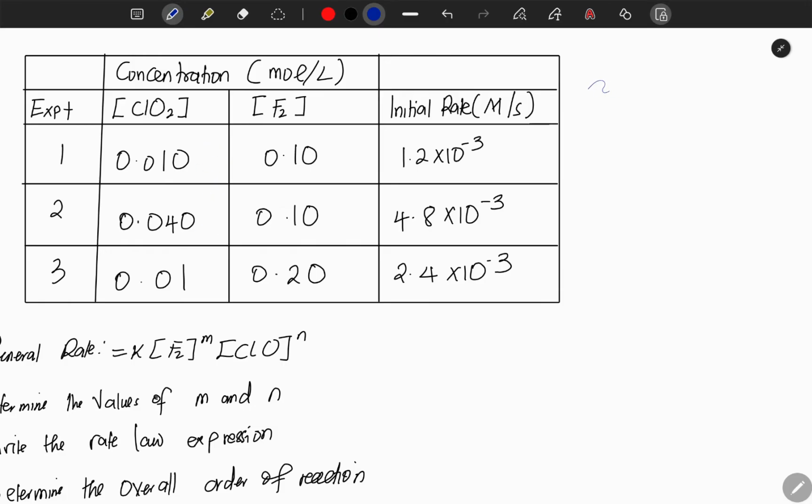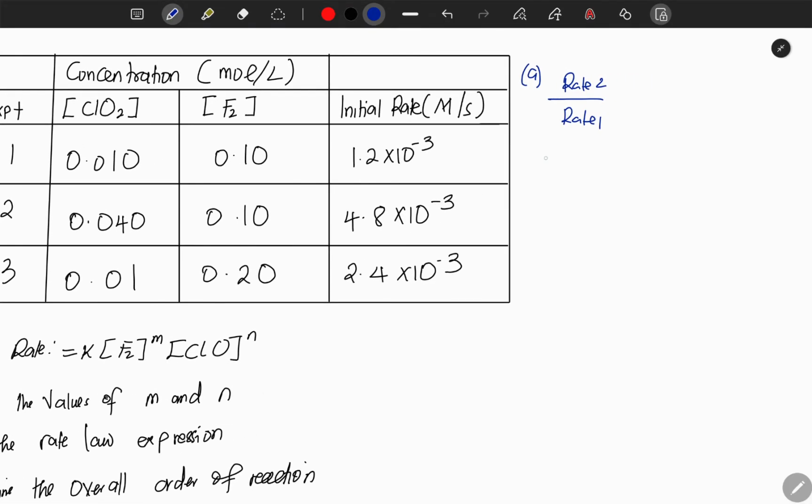The only thing we are saying is to get the ratio of these two. This is part A, so get rate 2 divided by rate 1.